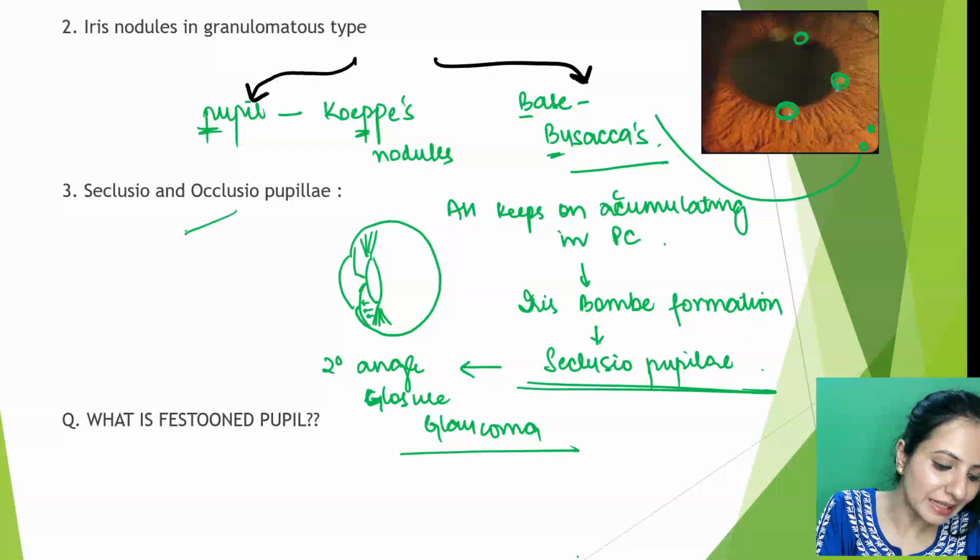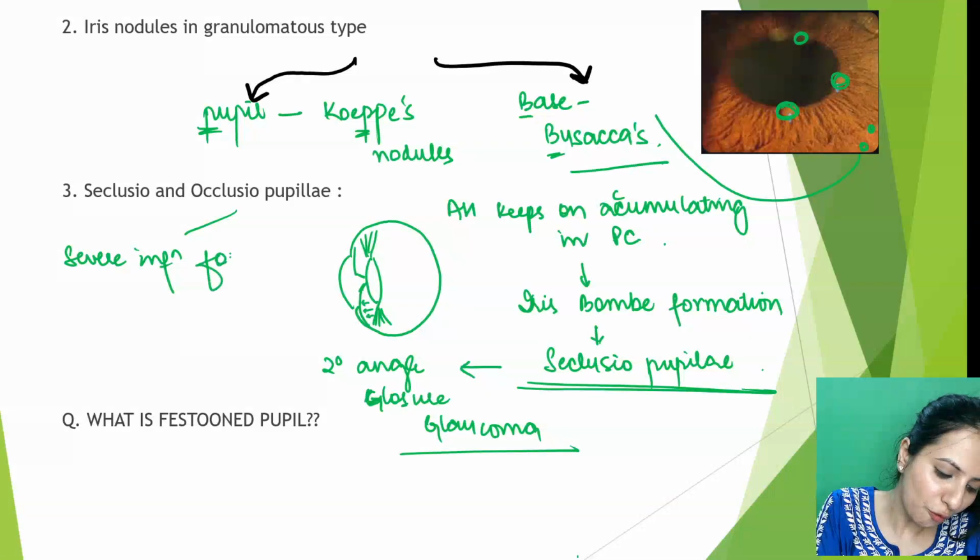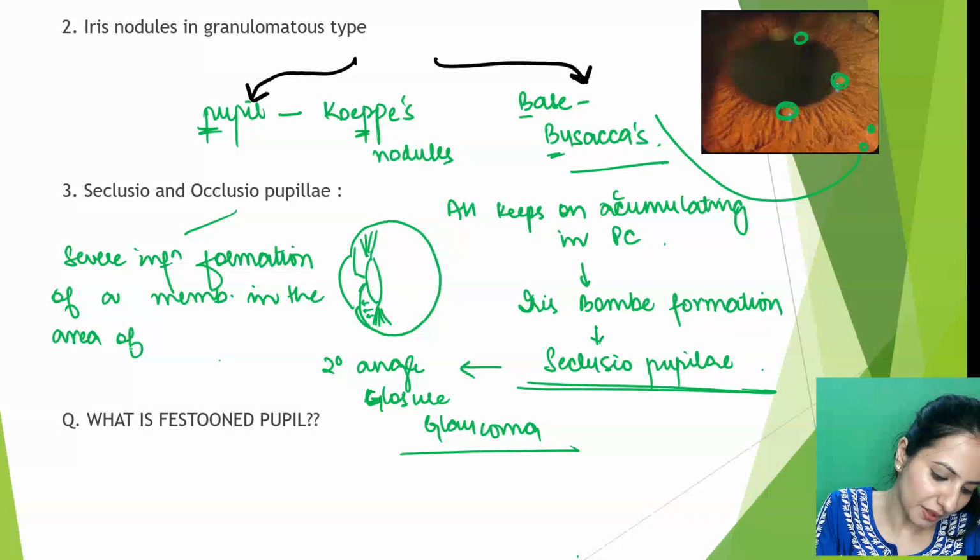Sometimes in severe inflammation, there is formation of a membrane in the area of the pupil. What is this phenomenon called? This phenomenon is referred to as occlusio pupillae.